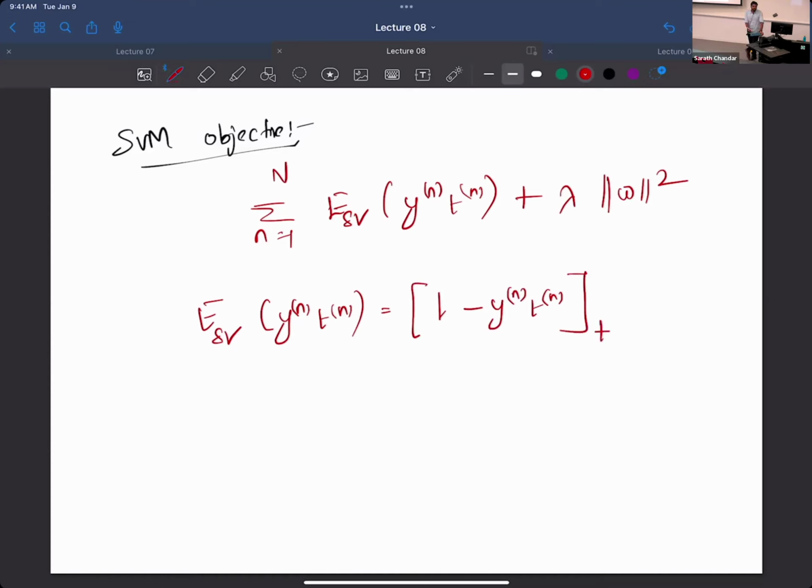I'm introducing a new operation here: whenever I write it like this, it just means max of 0 and whatever the value is.